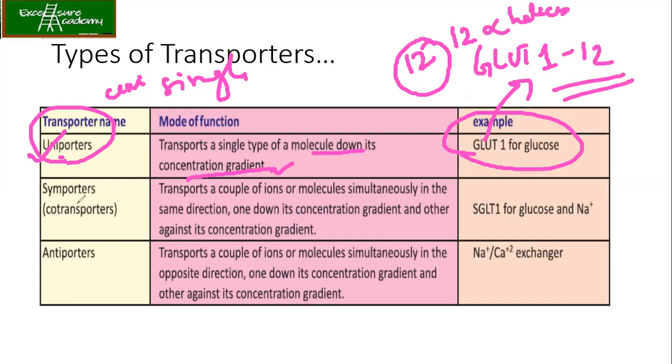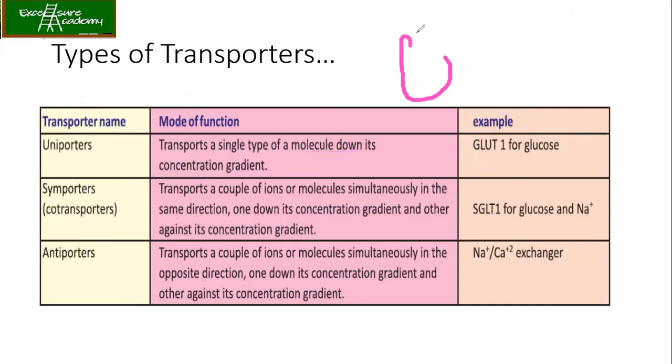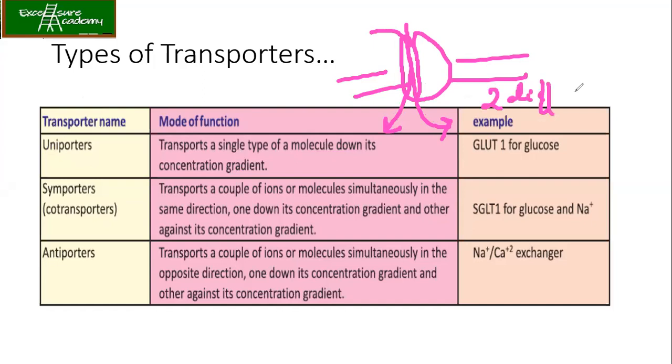Okay. Now, then we have the symporters, also called co-transporters. What does it mean? It means that in the same direction, suppose you have a transporter, so this is your plasma membrane, along with the molecule, another ion or molecule will also be transported. So at the same time, two different molecules will be transported. It means that if I need to transport glucose, I also need the action of Na plus so that the glucose will be absorbed.